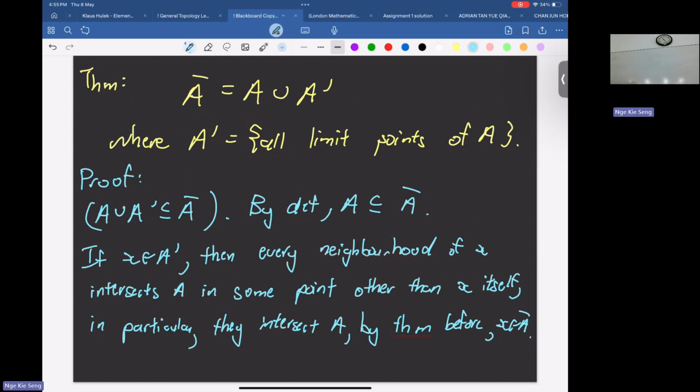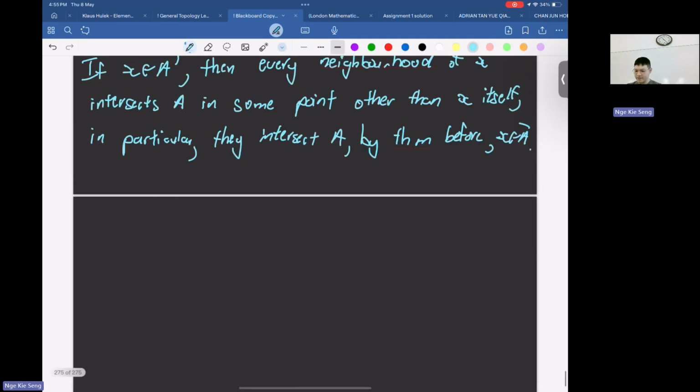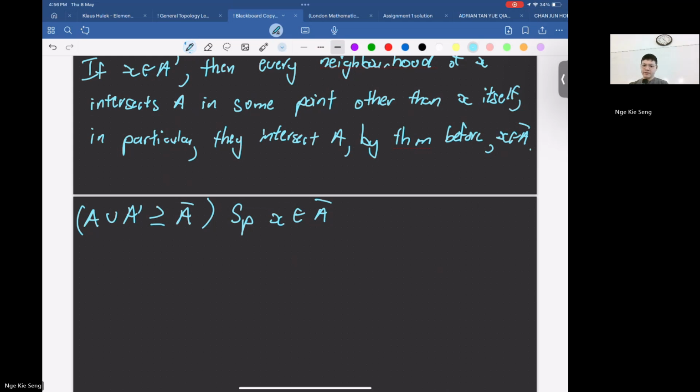Okay, next the other direction. Once we prove this we go home. So now suppose x is in A bar. You want to show that x is either in A or A prime.